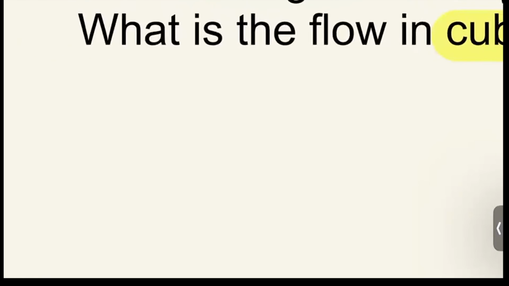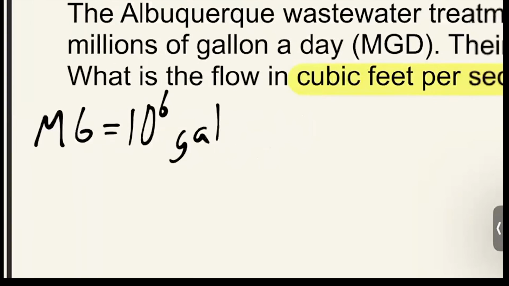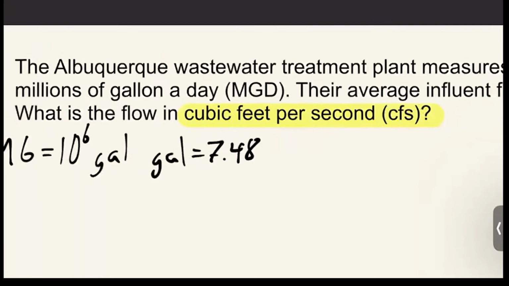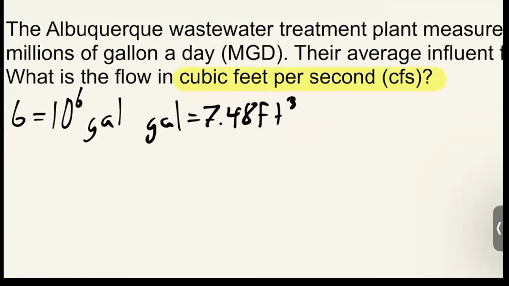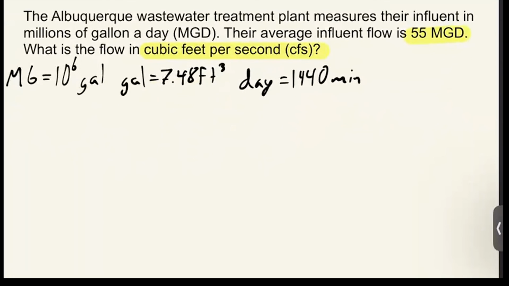So first of all, 1 mg is equal to 10 to the 6 gallons. 1 gallon is equal to 7.48 cubic feet. A day is equal to 1,440 minutes. And finally, an easy one, a minute is equal to 60 seconds.